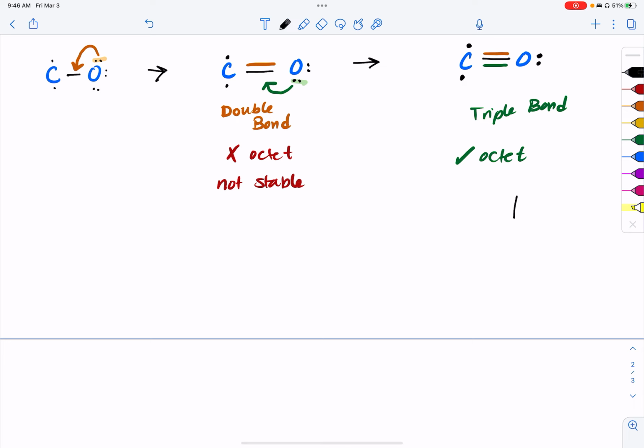So this would look something like this as our end result. We would have carbon with a lone pair, oxygen with a lone pair, and they would be triply bound together. So this is our Lewis dot structure for carbon monoxide.